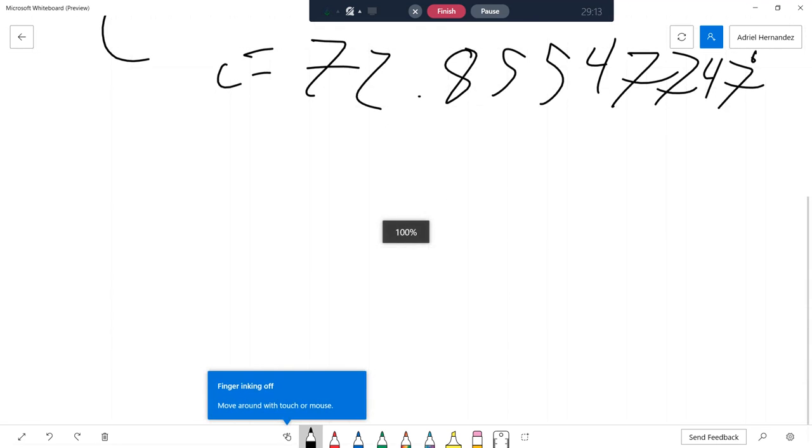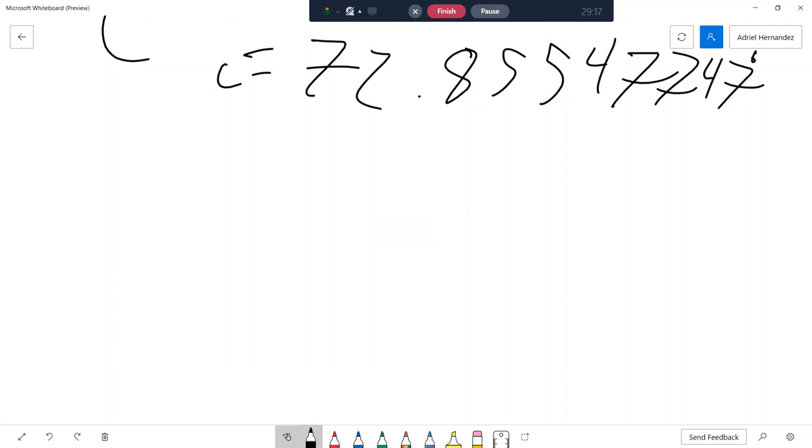Now that you have that for angle C, you have enough to plug all of this in to find side length C. So you're finding both of them, actually.